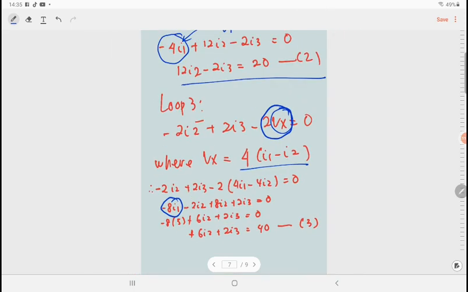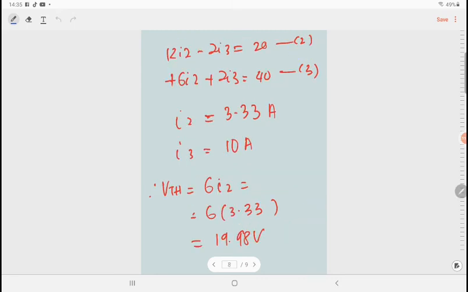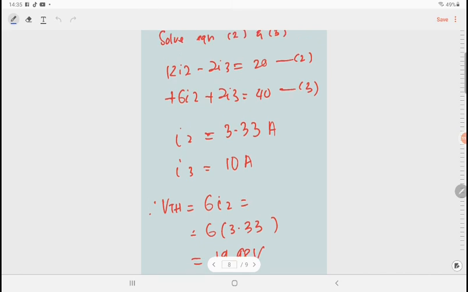So now the equations that we need to solve are actually equation 2 and equation 3. By solving these two equations, you got I2 equal to 3.33 ampere and I3 equal to 10 ampere.